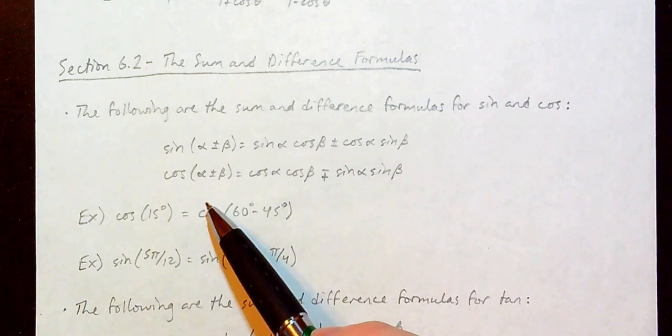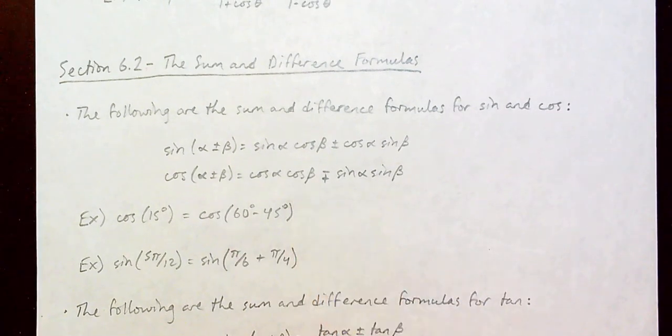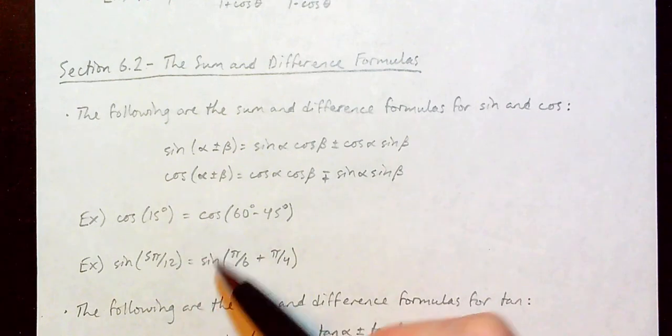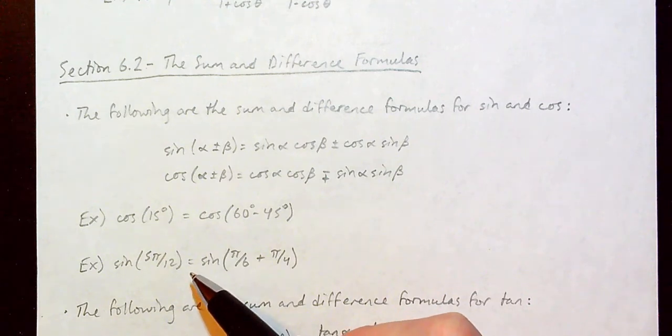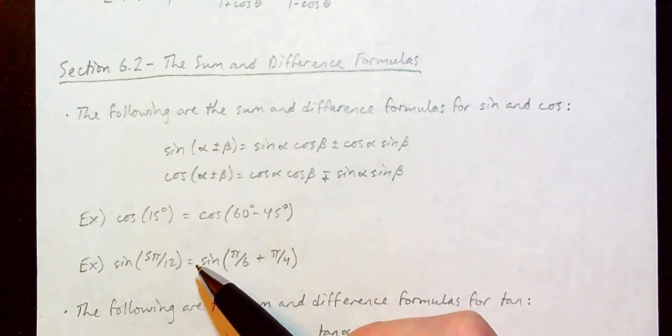For the cosine, it's cosine of alpha times cosine of beta minus or plus sine of alpha times the sine of beta.